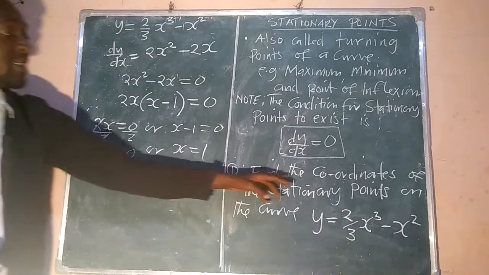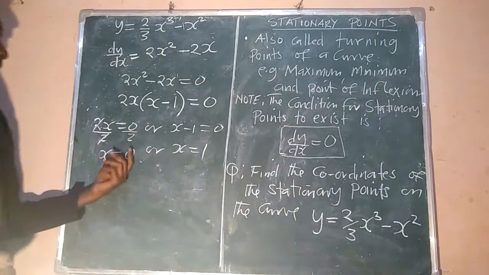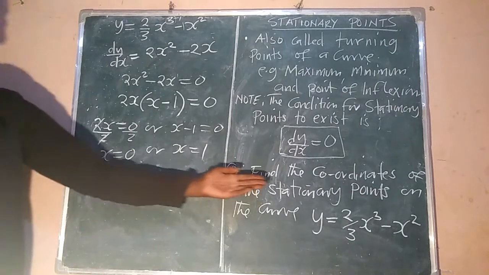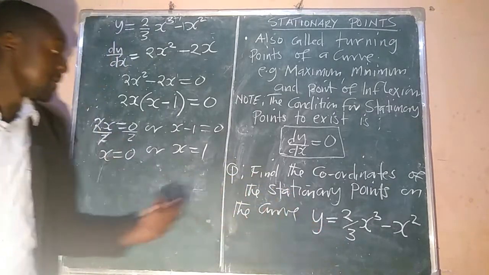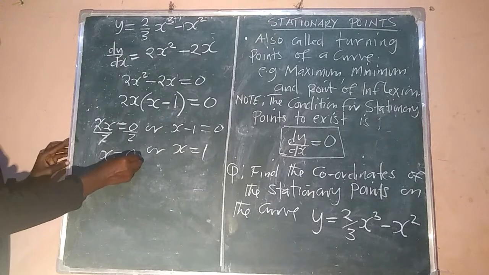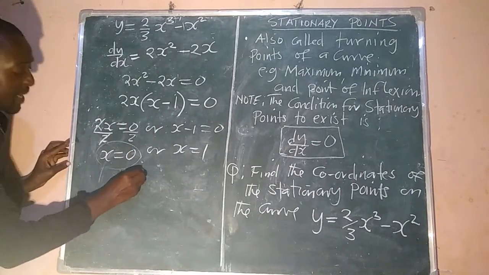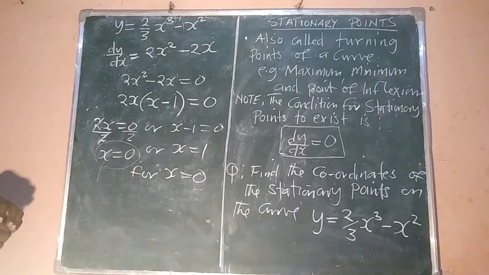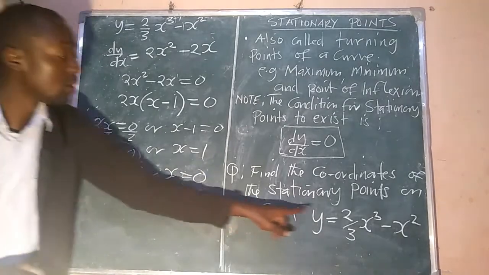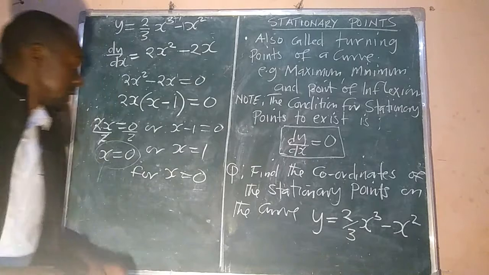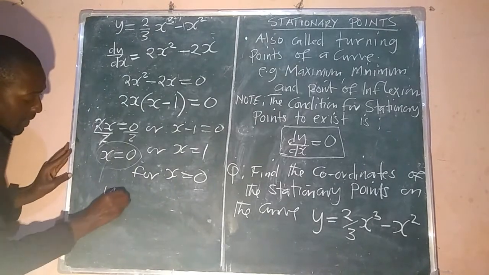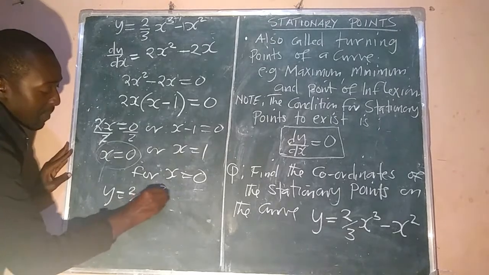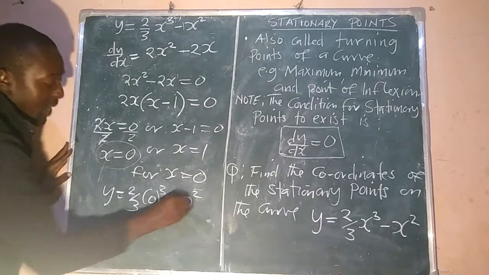Okay, so now that we have these two values of x, we can now solve for y. Because the question says find the coordinates, so you need the x and the y values. The equation that we are going to use is the one that we are given in the question. We'll say for x equals 0, we are going to substitute this 0 where there's x in this equation. So we are going to have y is equal to 2/3, where there's x you put a 0 to the power 3 minus 0 squared.